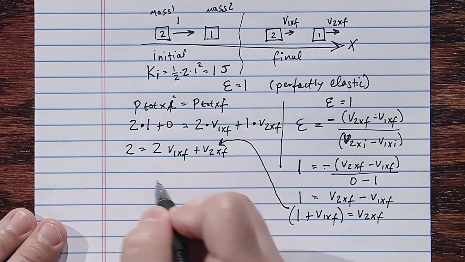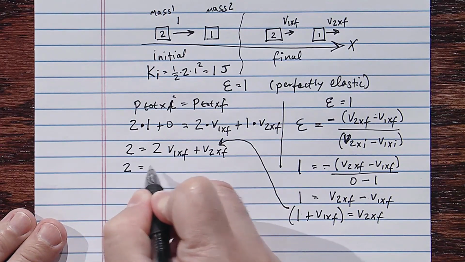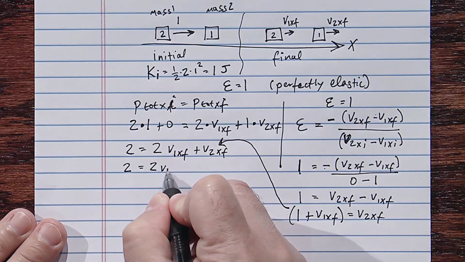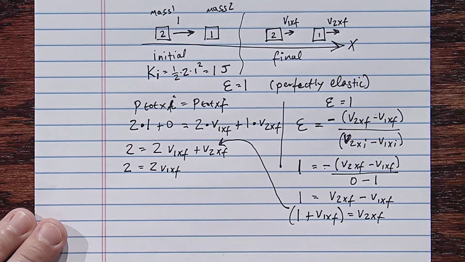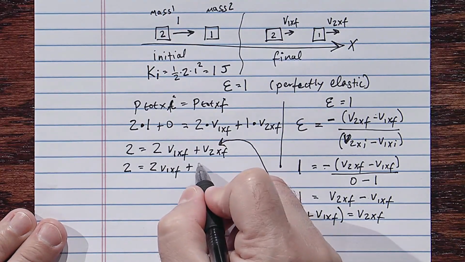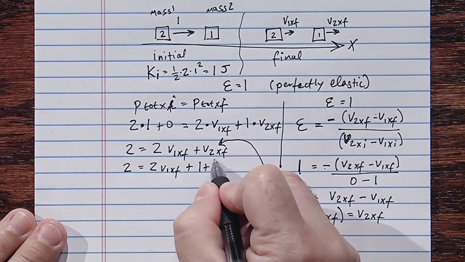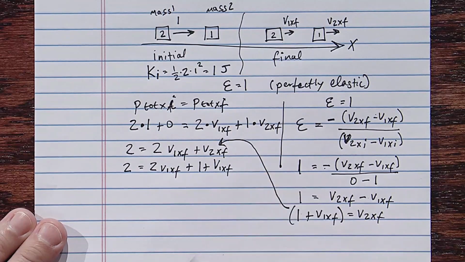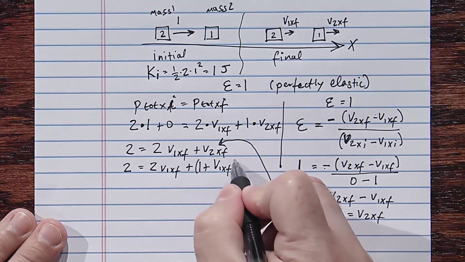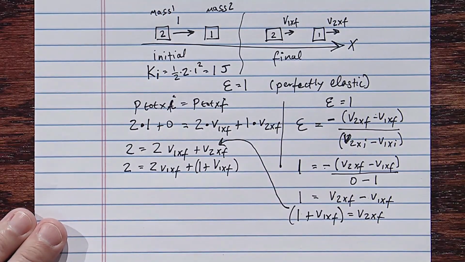So that gives me 2 is equal to 2 V1x final plus 1 plus V1x final again, because this right here is my V2x final.